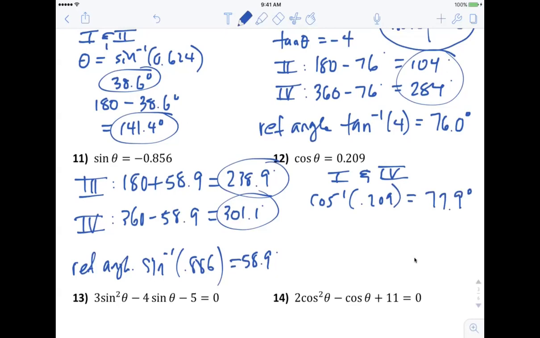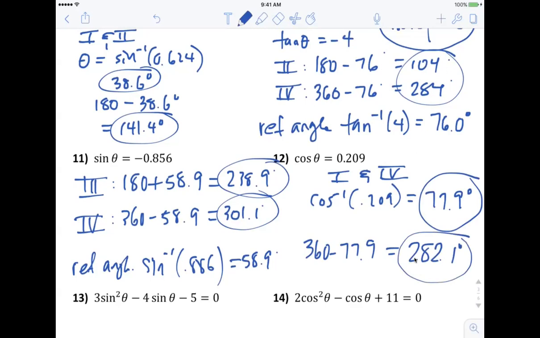And that's actually in quadrant 1, right? So I got one of them. And then for the quadrant 4, I've got to do 360 minus that. And I get my other answer. And that's 282.1. And all these can be checked. Just do cosine 282.1 and see if you get that 0.209 back, approximately.